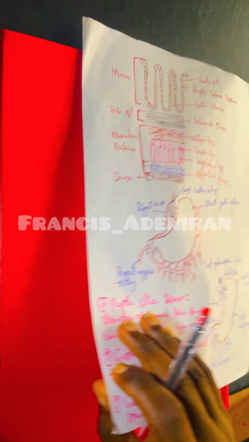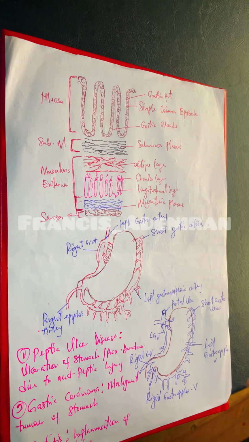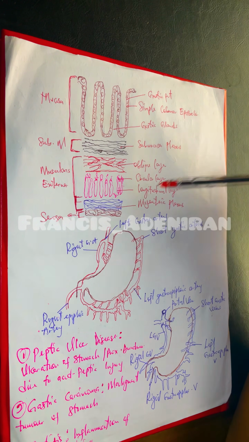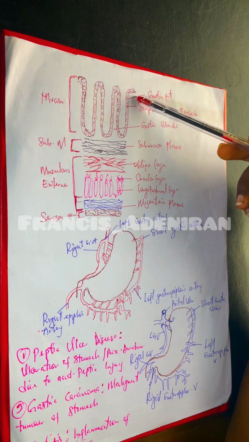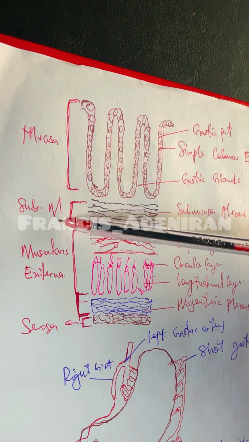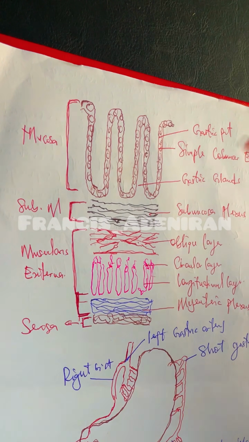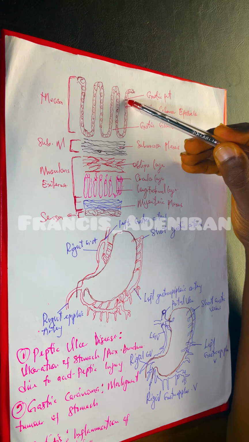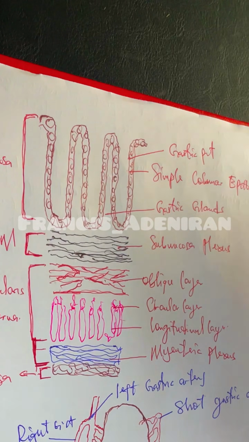Now let's move straight to discuss the basic histology, something very basic. Histologically, there are different layers you can find in the stomach. The first one is the mucosal layer, the second one is the submucosal layer, the next one is the muscularis externa, then you have the serosa. From this diagram, the labeled points are the gastric pits.